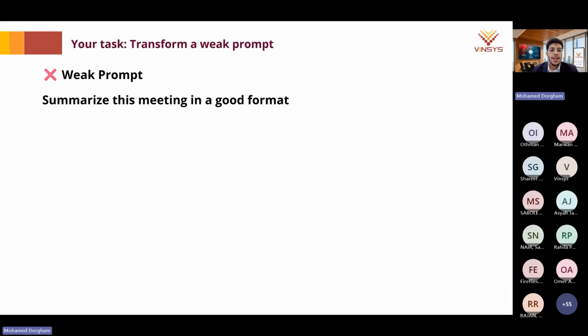So now I want at least 50 answers in the chat from the 67. Based on the framework we got, tell me what is wrong with this prompt, and how can we enhance it. This is the weak prompt: summarize this meeting in a good format. So what is wrong with this prompt, and how can we enhance it?